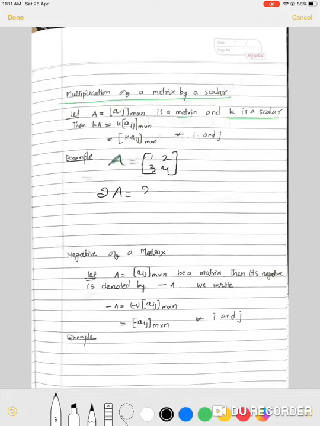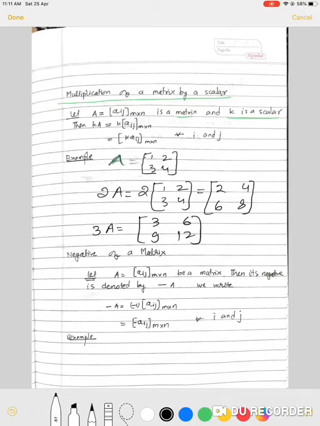Then what we will do, 2 into A, 1 2 3 4, it gives 2 4 6 8. Each element is multiplied by 2. Similarly, we can find 3A is equal to 3 6 9 12. Did you understand?